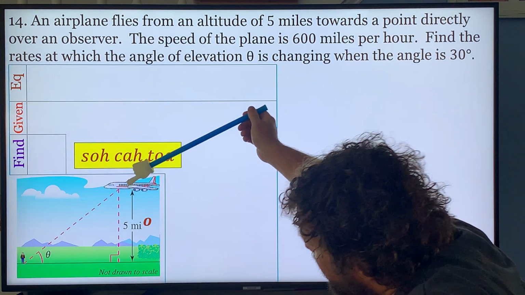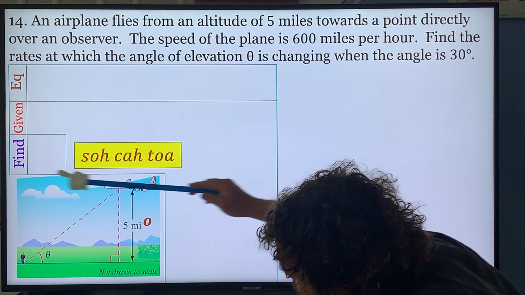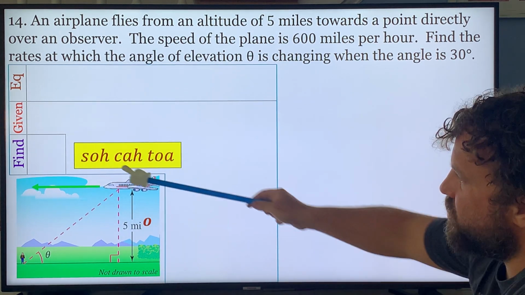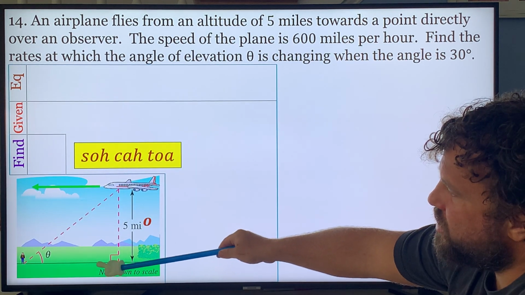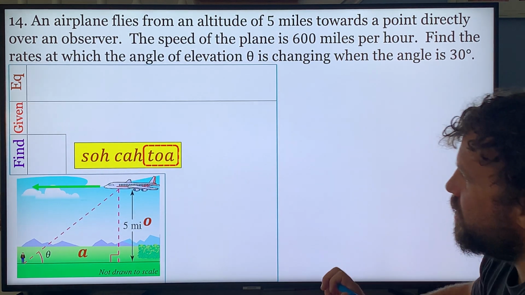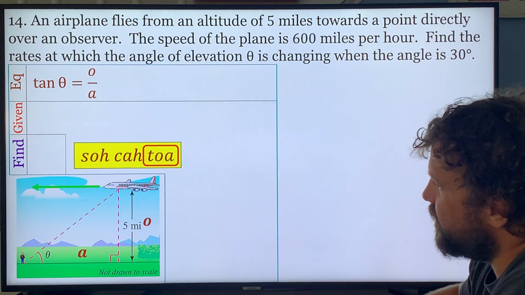So is the plane going towards them or is the plane going across the sky? Going across the sky, right? So that means it's related to the parallel line here, which is down here. So that's opposite over adjacent. Opposite over adjacent is TOA, or tangent of opposite over adjacent.